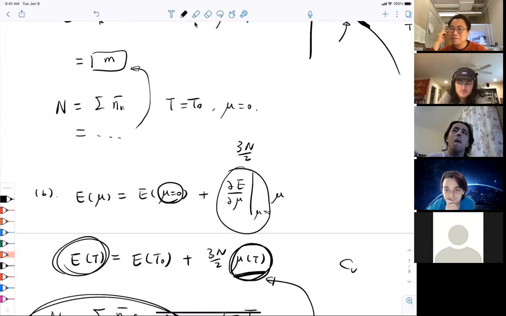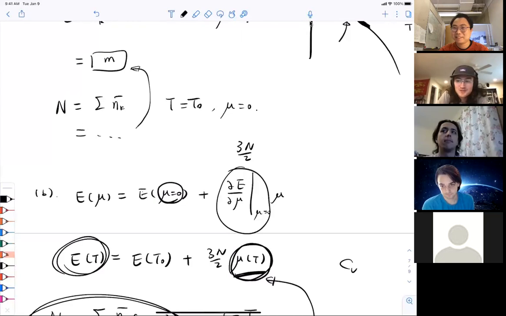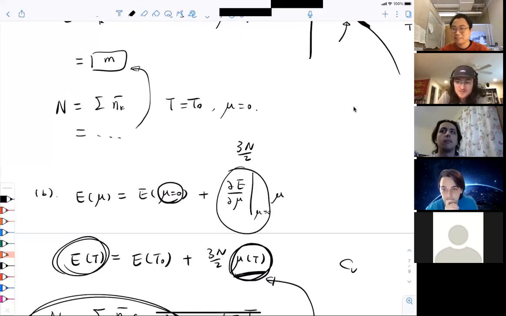They're all free systems. There's no interaction. In principle, it's easy, but sometimes it can be tricky. I imagine on the final that most of the thermo questions will probably not be revisited?